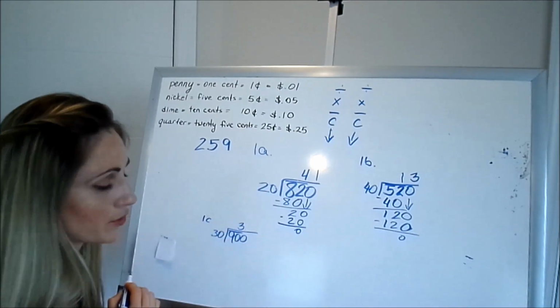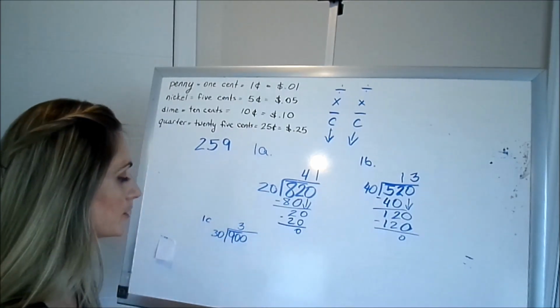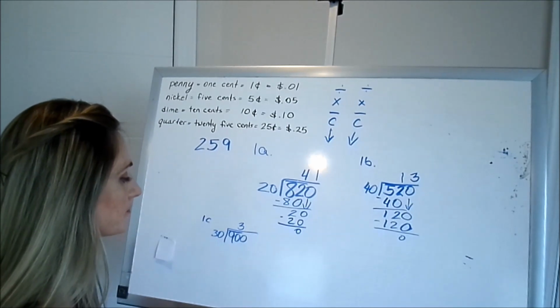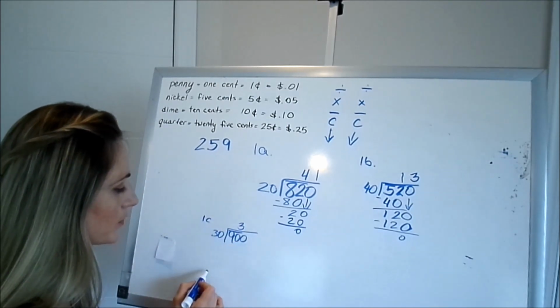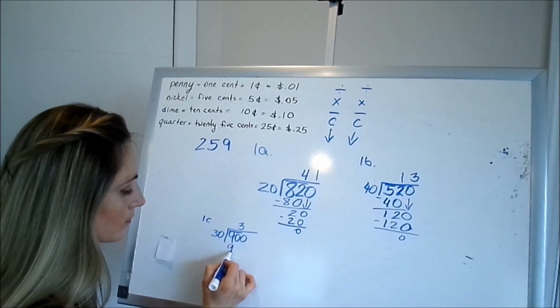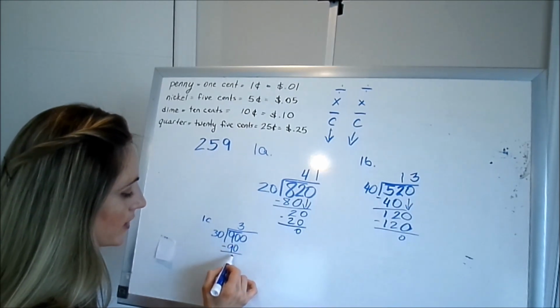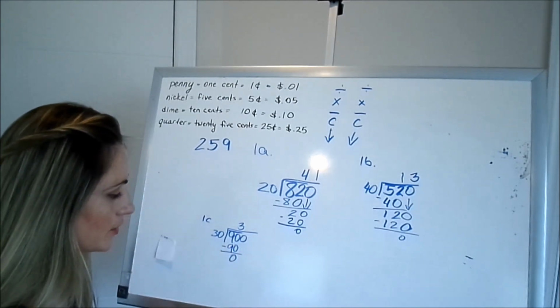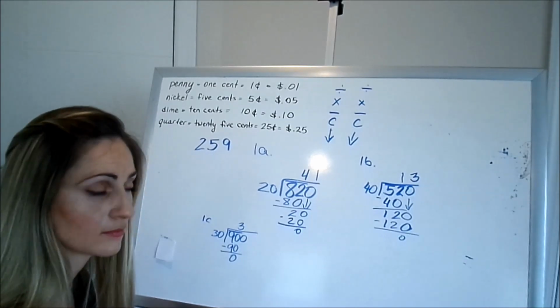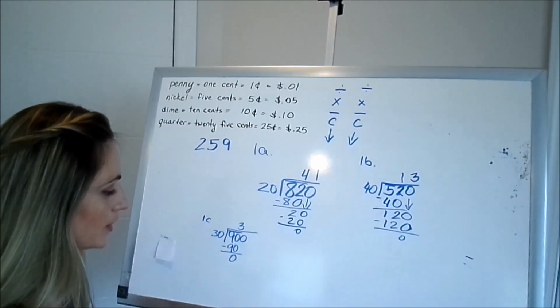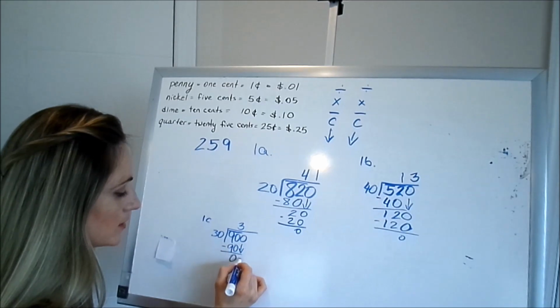Make sure that you put your 3 over the 0 because you're dividing the whole 90. Go ahead and multiply. 3 times 30. Subtract. You get a 0. Compare. That's correct. Bring down the last 0.